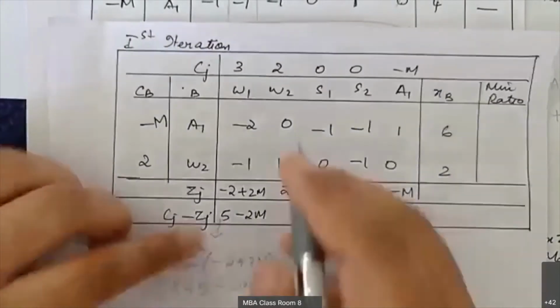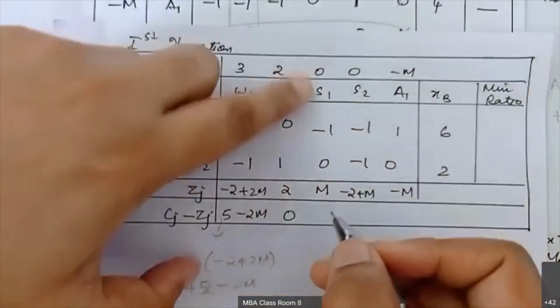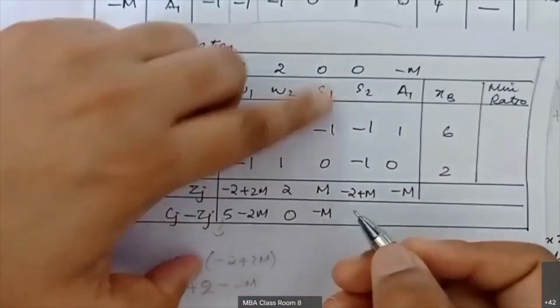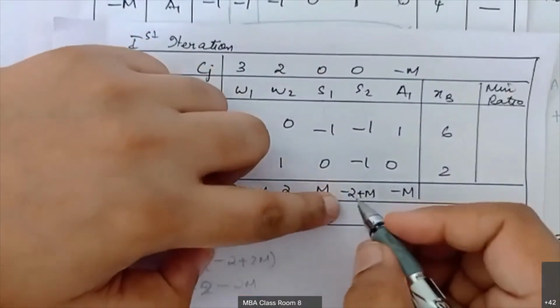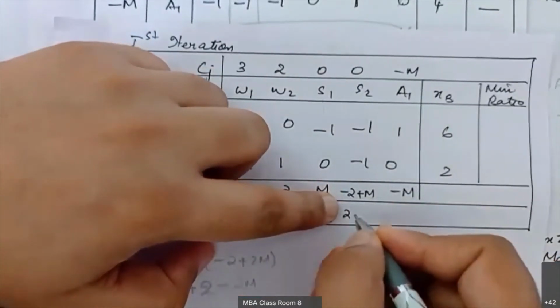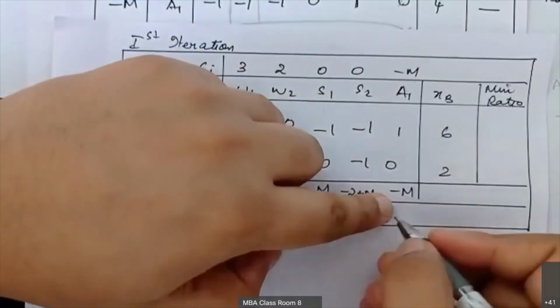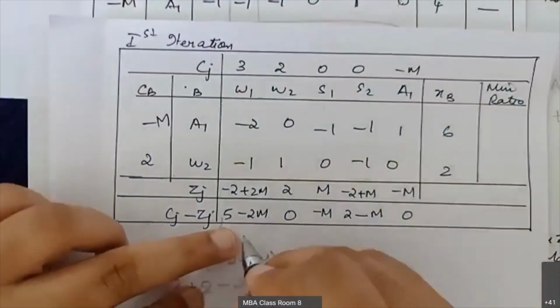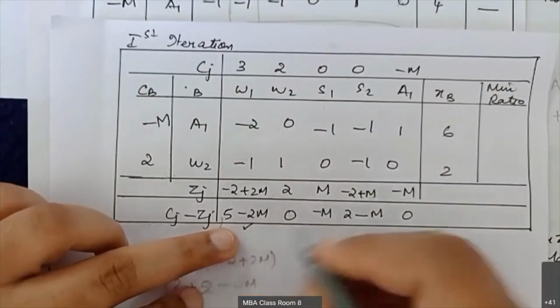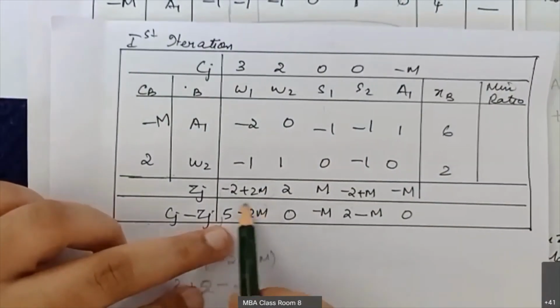Okay. Next one, 2 minus 2, 0. 0 minus M, minus M. 0 minus of minus 2 plus M, that is 2 minus M. Next one, minus M, minus of minus M, that is 0. So see over here, this value is a negative number because we need to consider only the M value.